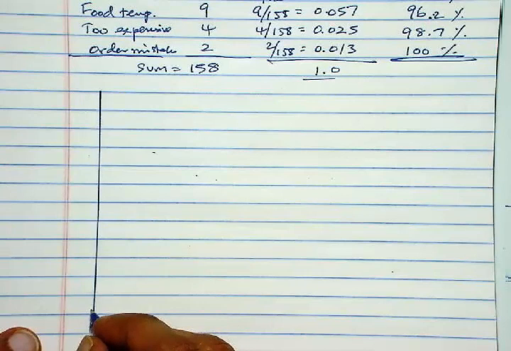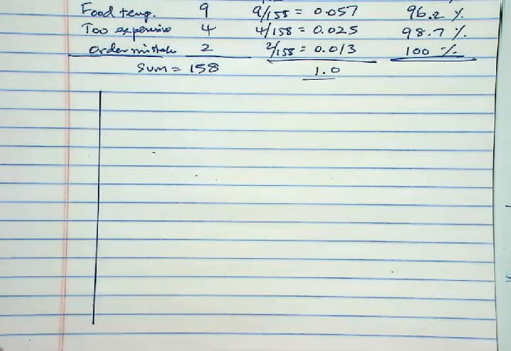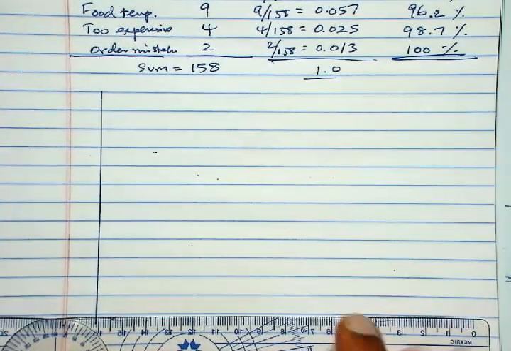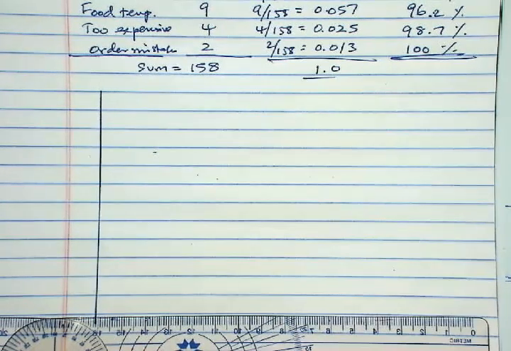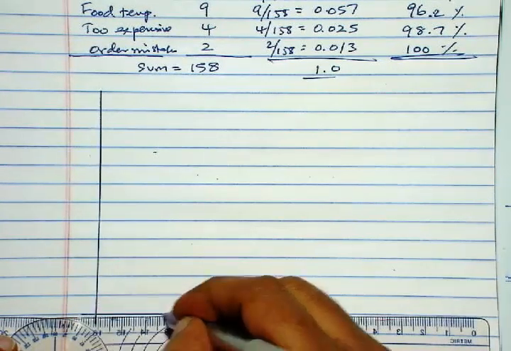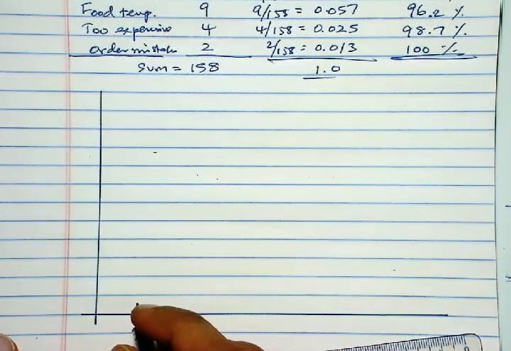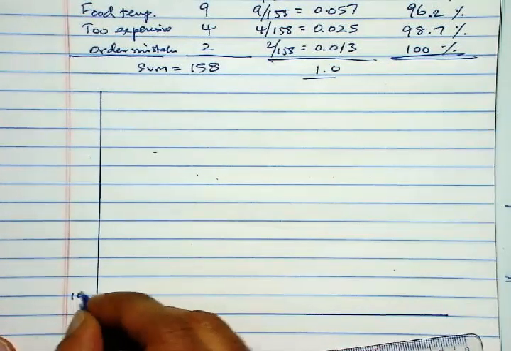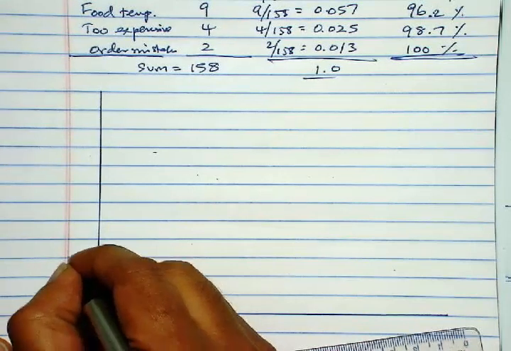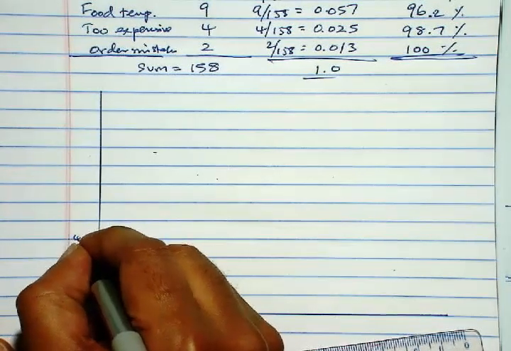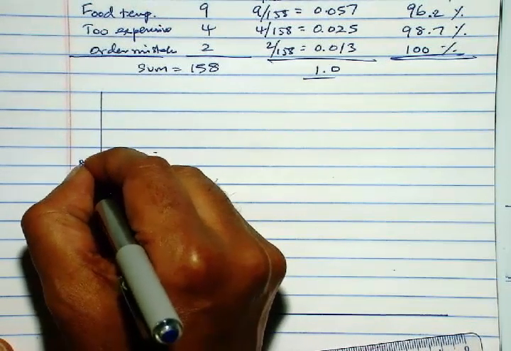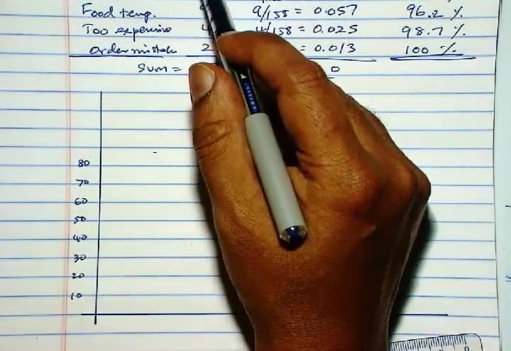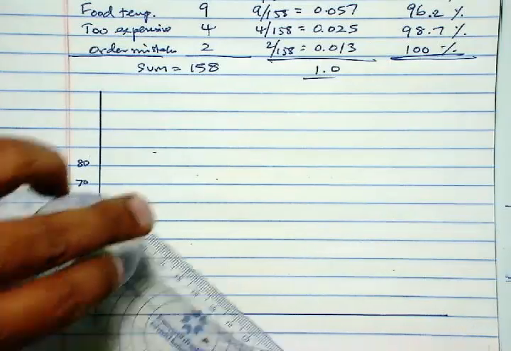So let's say that this is 10, 20, 30, 40, 50, 60, 70, 80. So it goes up to 80.